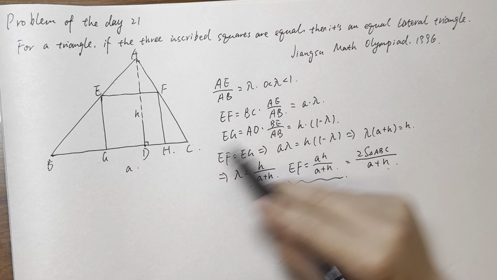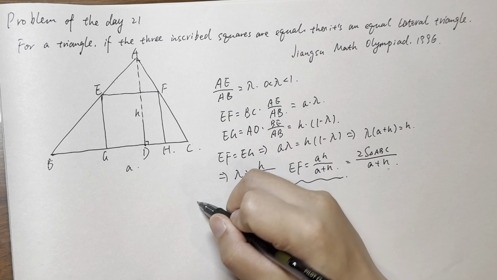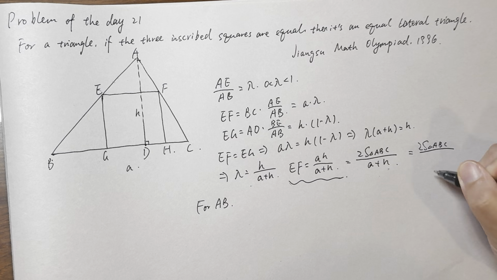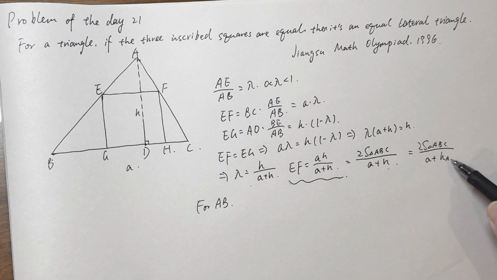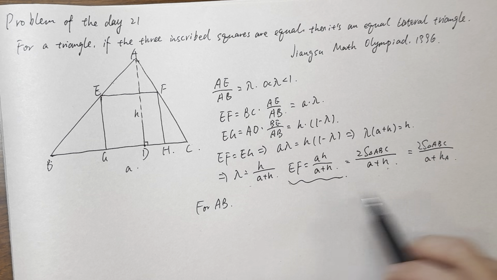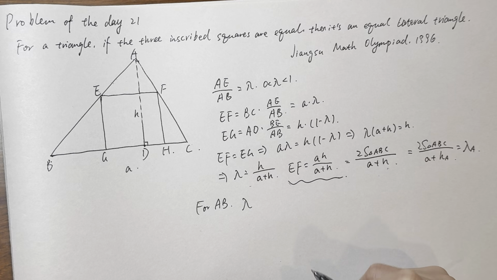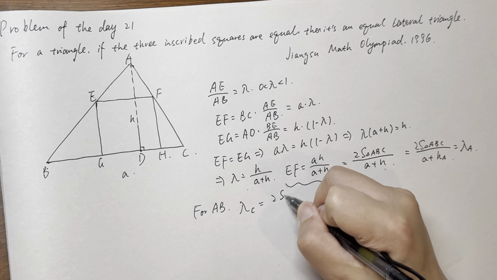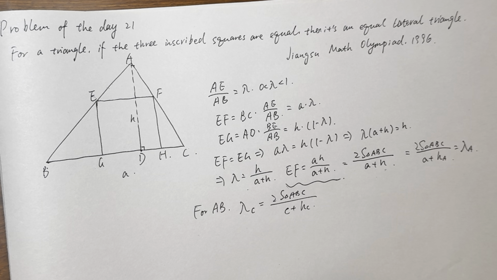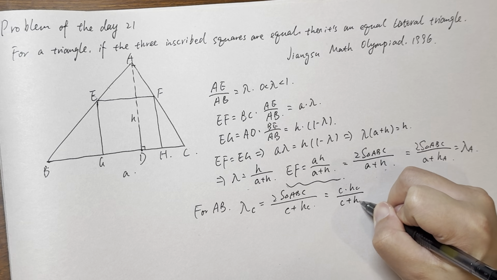So we just found the length of the inscribed square on the side BC, and what about on the other sides? Let's rewrite this one: twice the area of triangle ABC over a plus h_a, where h_a is the altitude from vertex A. And for the other sides, similarly, the length equals twice the area of triangle ABC divided by c plus h_c, or we can write it as c times h_c over c plus h_c.